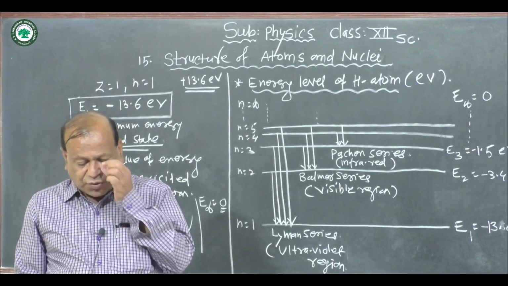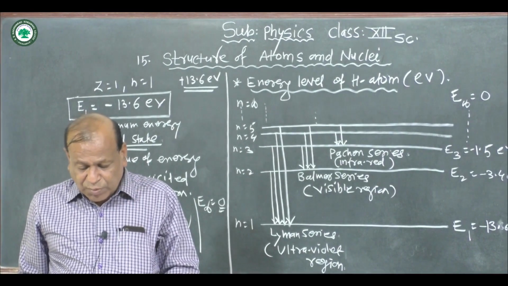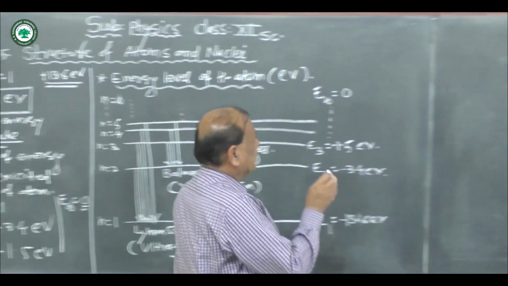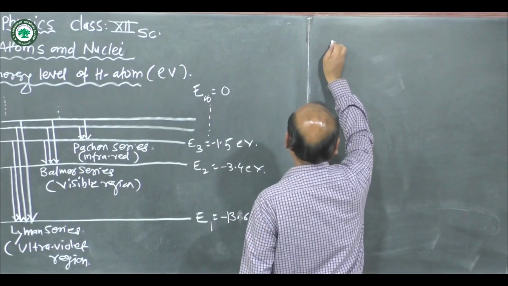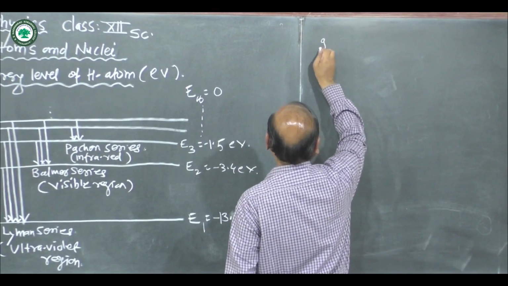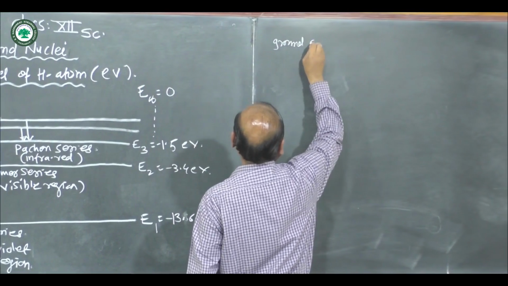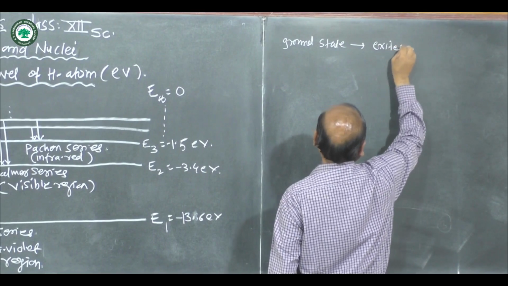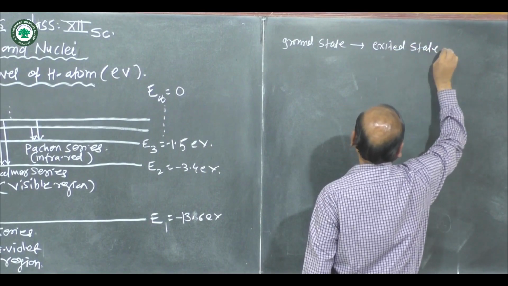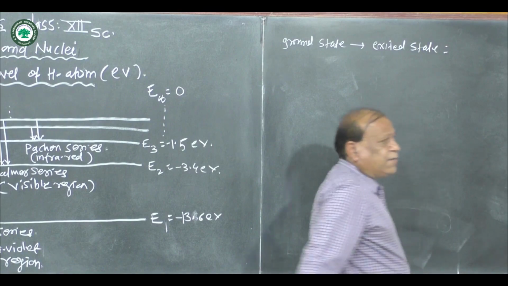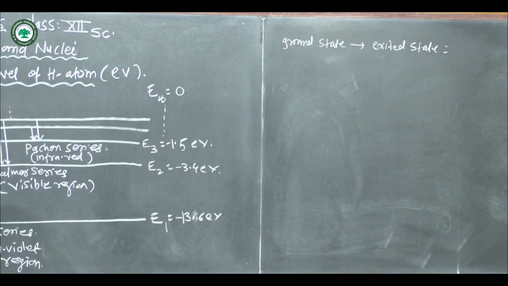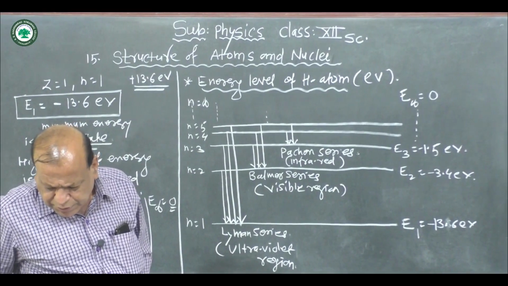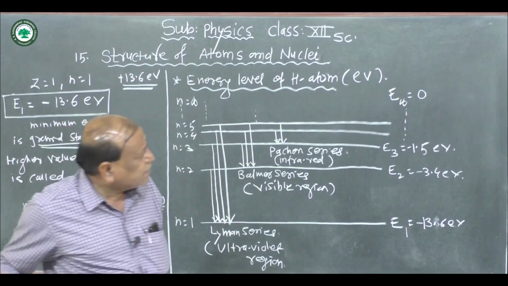The energy required to take an electron from the ground state to an excited state, that energy required for the transition of the electron from the ground state to the excited state, is called the excitation energy.